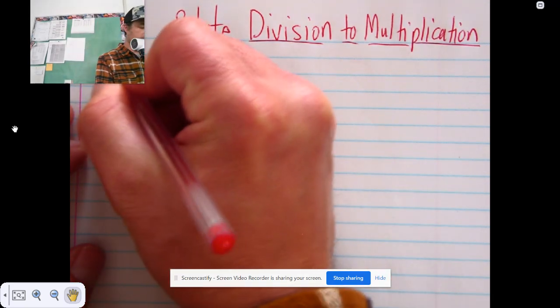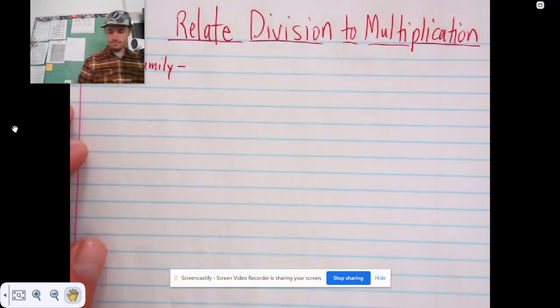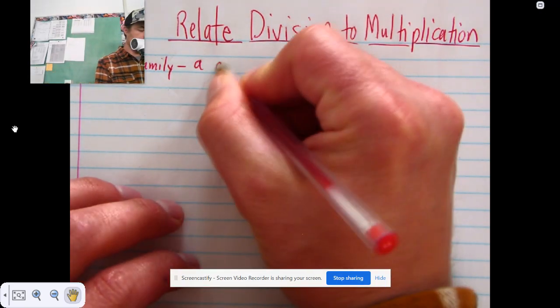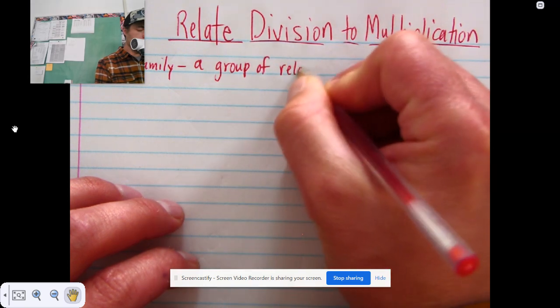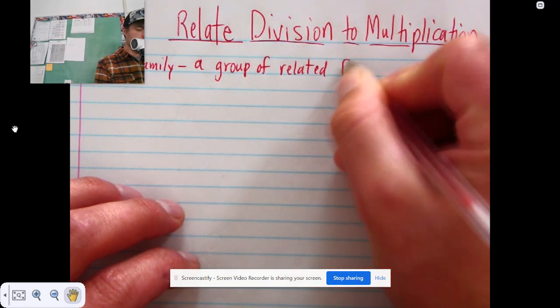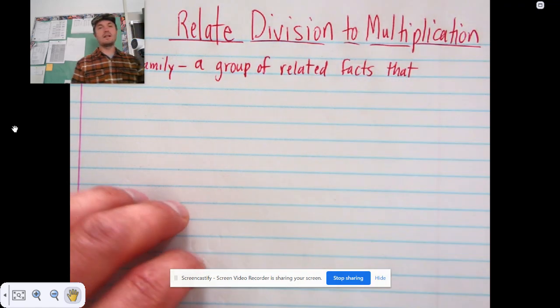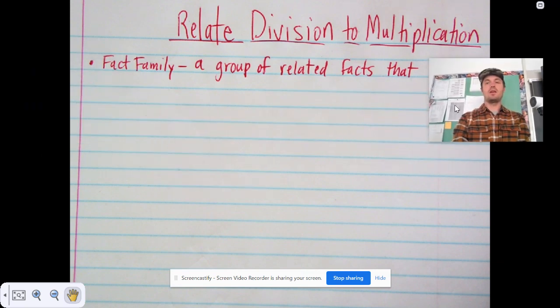First of all, what is a fact family? A fact family is a group of related facts that use the same numbers. Make sure you are writing down everything I'm writing down in your math notebook, okay?